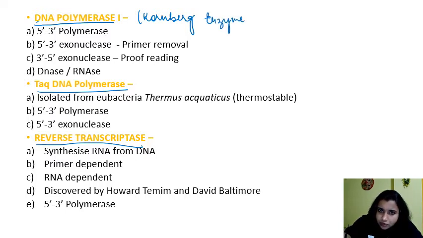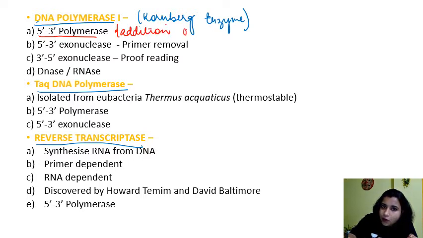Its function is 5' to 3' polymerase, which means it adds nucleotides in the direction 5' to 3'. Remember, synthesis always takes place from 5' to 3'. So it helps in the addition of nucleotides.